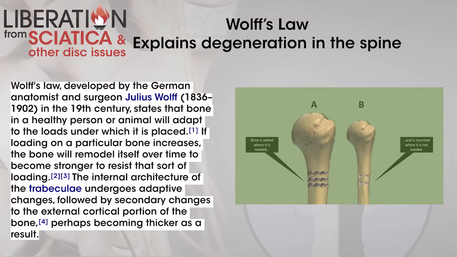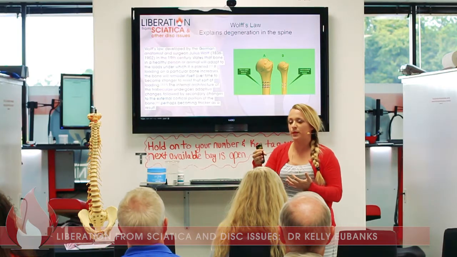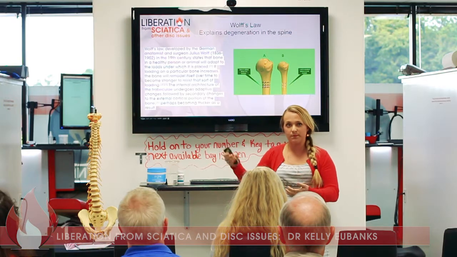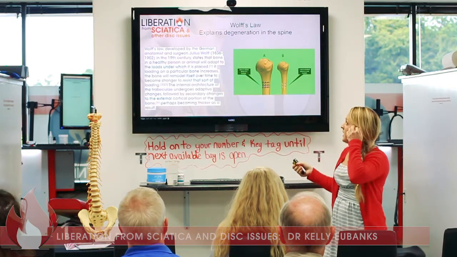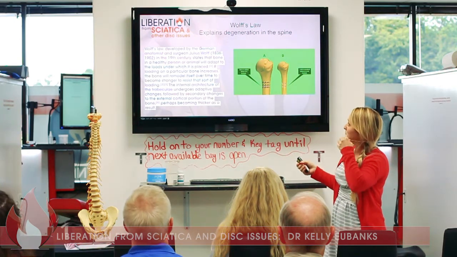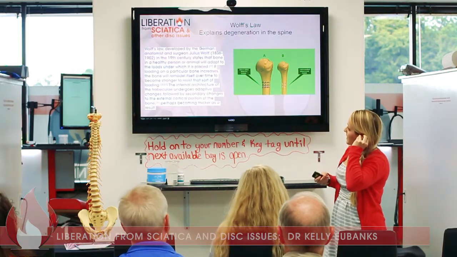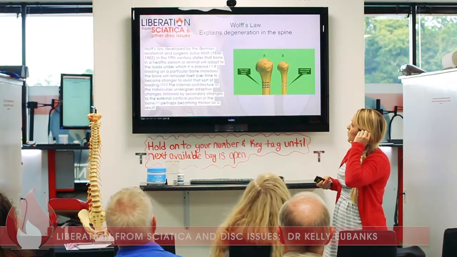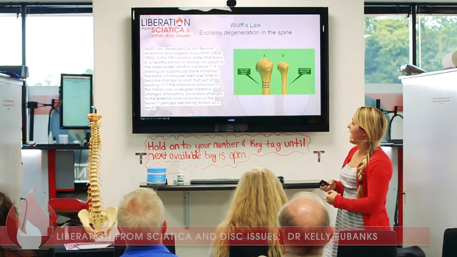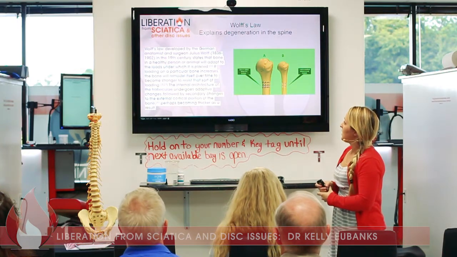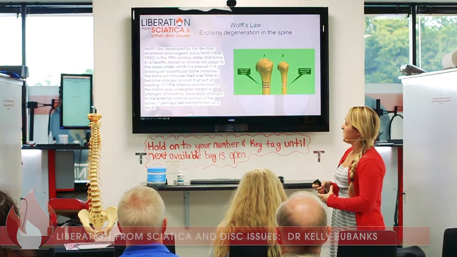So it goes on to say, and it's explained by Wolff's Law. So how do I get from normal curve to abnormal curve to now I have disc degeneration? It's explained by Wolff's Law. Wolff's Law was developed by a German anatomist and surgeon, Julius Wolff, in the 19th century. The law states that bone in a healthy person or animal will adapt to the loads under which it's placed.